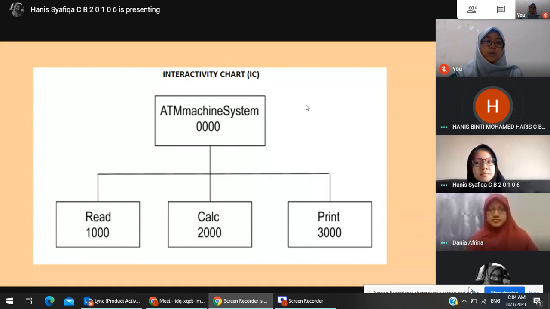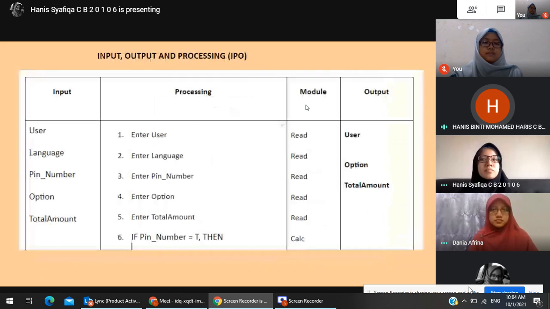Okay, for the interactive chart, the main module is the ATM machine system, and the sub modules are the module of read, the module of calculate, and the module of print. Okay, next. This is the IPO, which is input, output, and processing. This IPO is based on PC and IC, where the input is the given data: user language, PIN number, option, and total amount, followed by calculation and output.